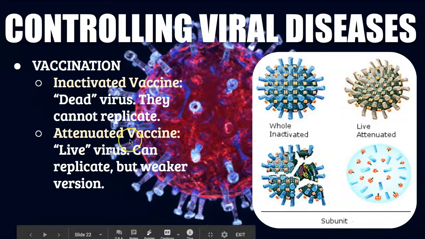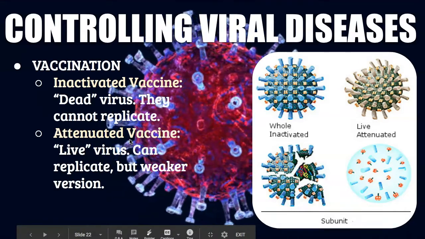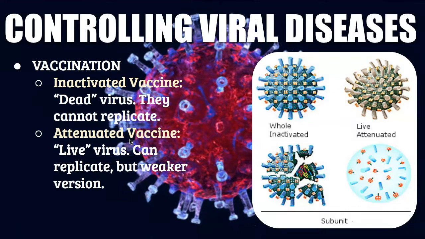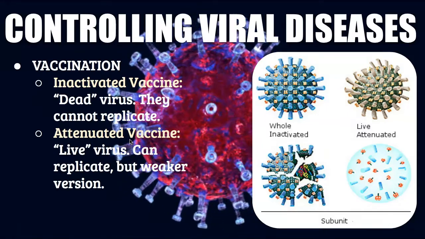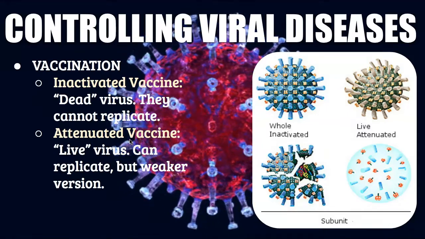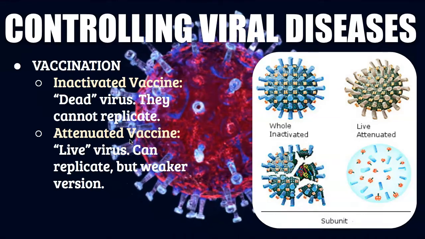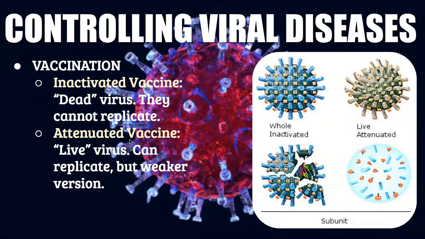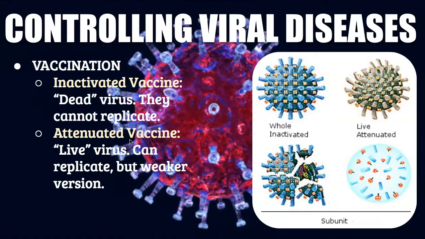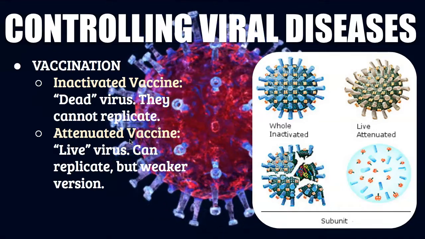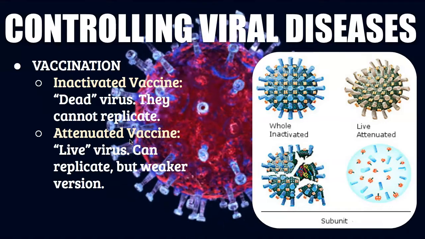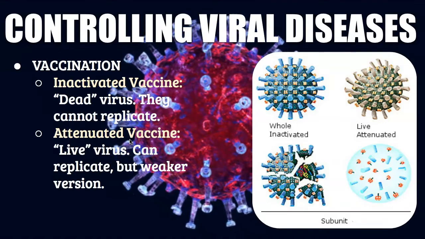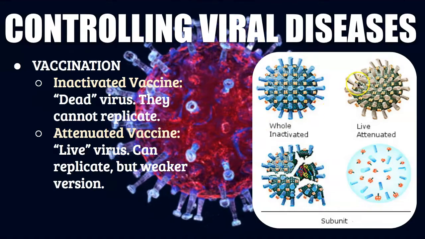Attenuated vaccines are actually a live virus. What this means is replication can work, but it's going to be weaker. When you have an attenuated vaccine, it will have the virus in it, and it will be a live virus. There is the possibility of you getting sick from it, but most likely not deadly sick. Attenuated means that it's a smaller, weaker virus.